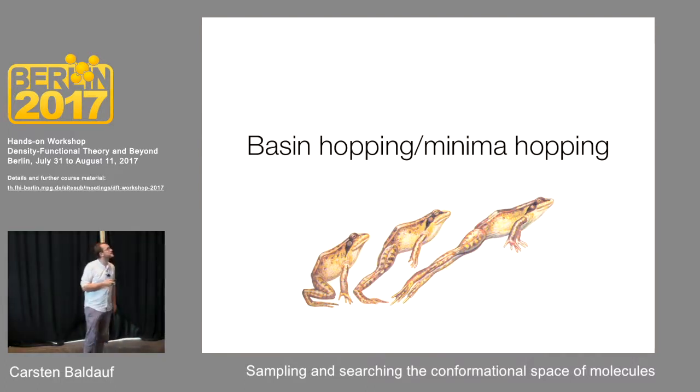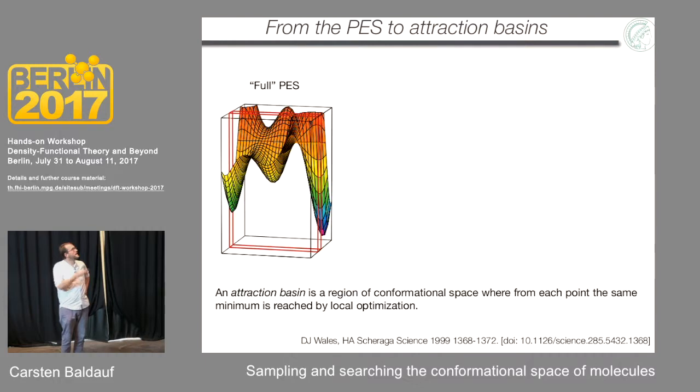One thing that is advocated is basin hopping or minima hopping, dominantly by David Wales or also by Stefan Gödecker, who have both been developing methods in this area a lot. The basic underlying idea is this attraction basin concept. When you look at such a potential energy surface in a nice 3D representation, you see that there are distinct points.